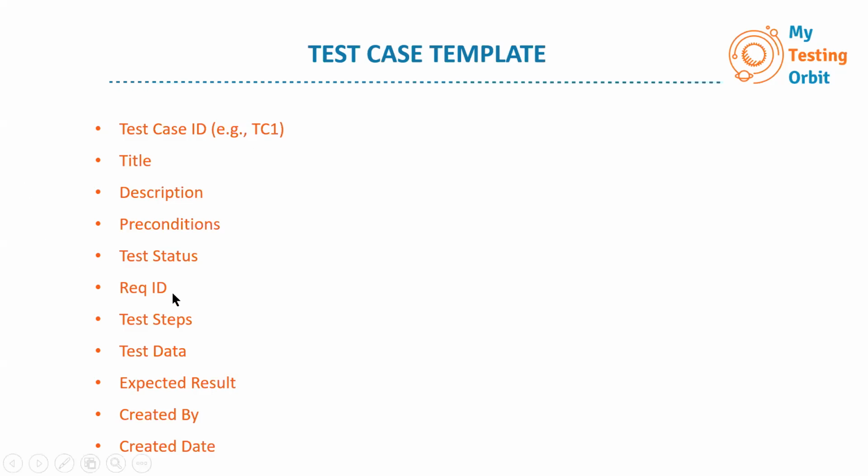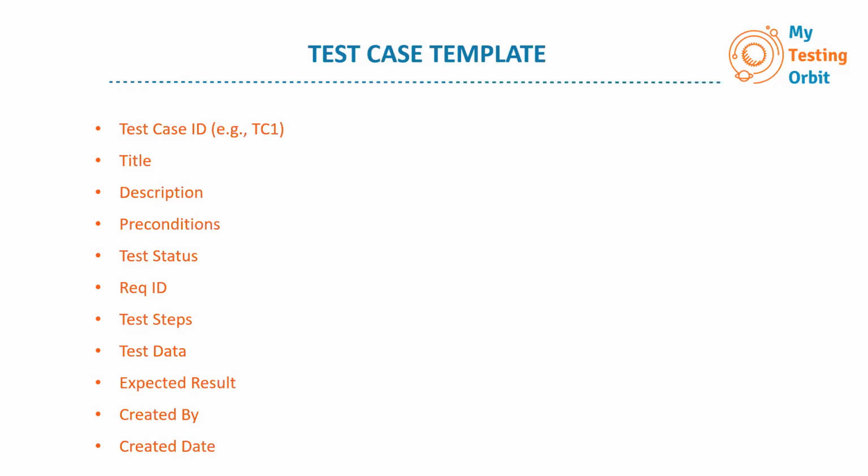Okay, the next one is requirement ID. We have learned a lot about traceability in the foundation level certification, and this is very important because right now we are talking about a test case template.